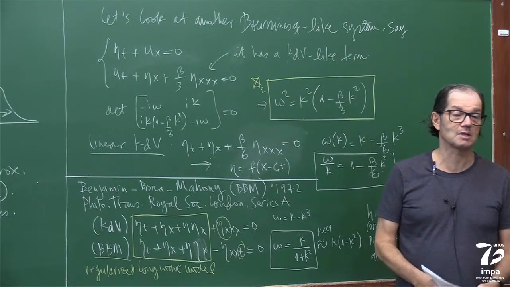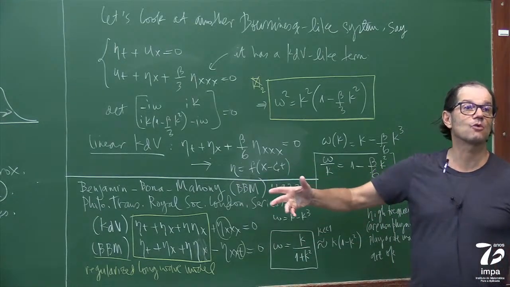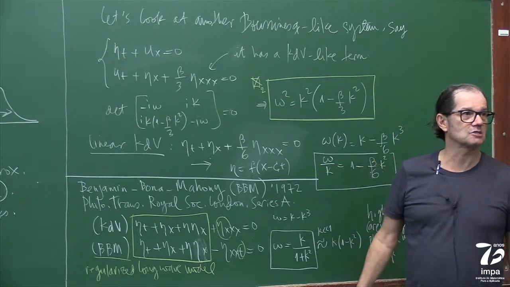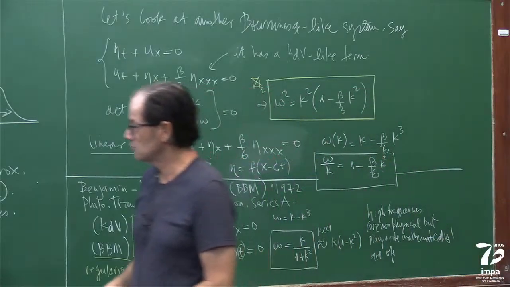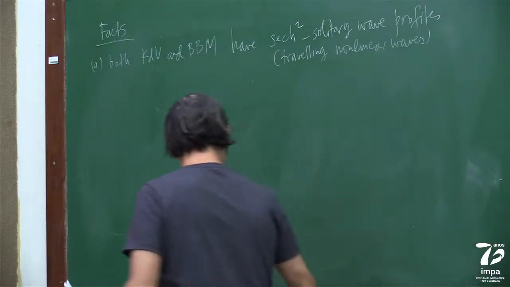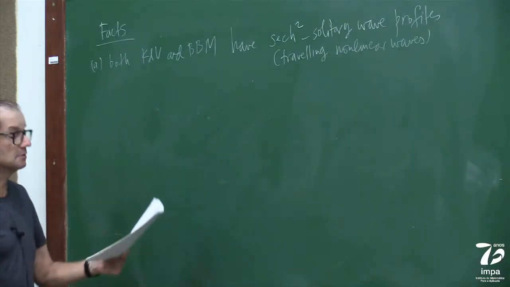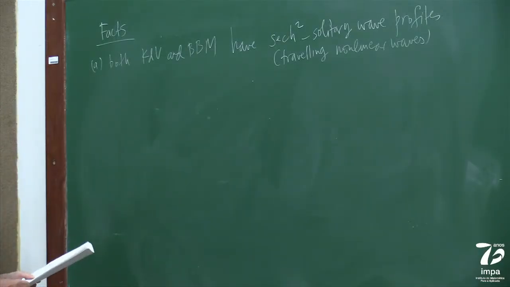Not always does this work, sometimes it's more complicated, but for the KdV it comes up, and for the BBM, and it's a secant squared profile with some adjustments, okay? So, very good. This is already an important fact: even though the dispersion relation is different, both have similar solutions.